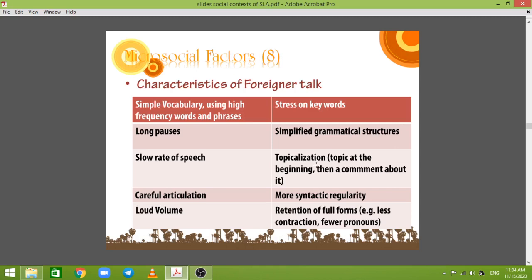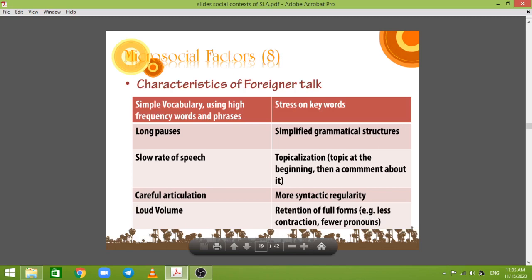Topicalization means that they have the topic for discussion at the beginning, and then they add more comment or idea about the topic. Their articulation can be made carefully as well, and the volume could be loud, with more syntactic regularity and retention of full form.